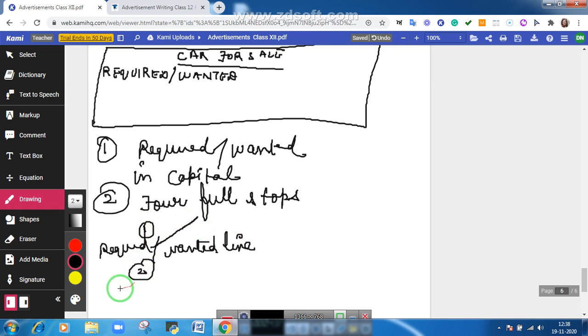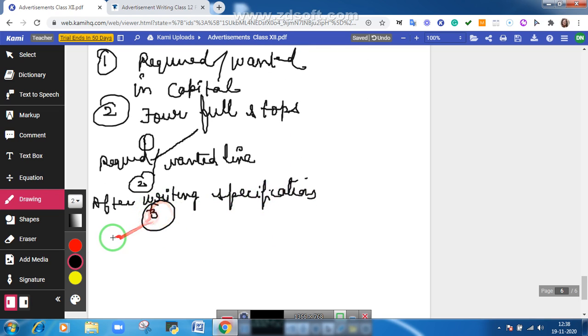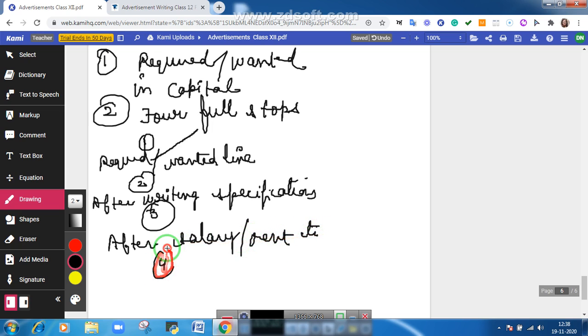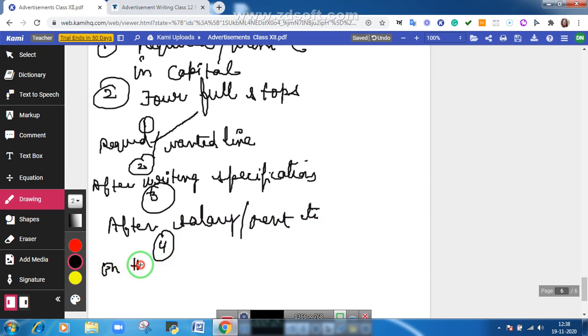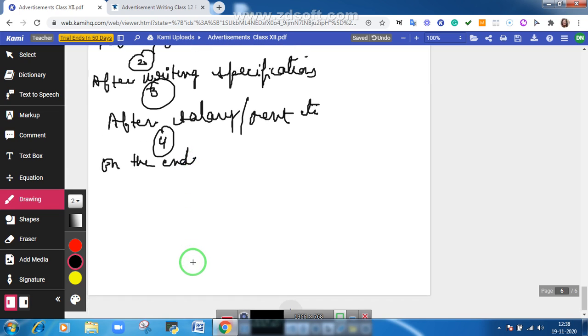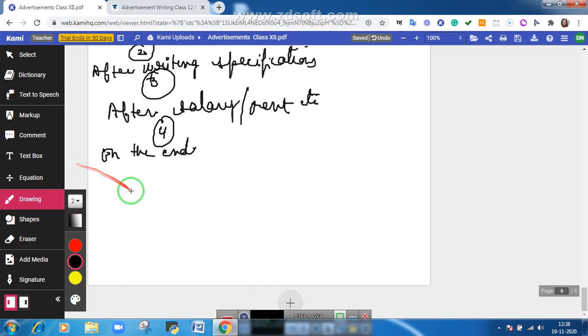Second, after writing specifications. Okay. Third, after salary or rent, etc. is written, and fourth one in the end. Okay, this is how you remember to write 4 full stops, where you have to put them.